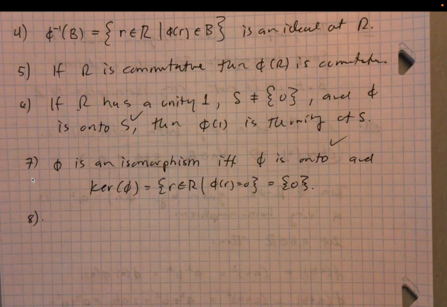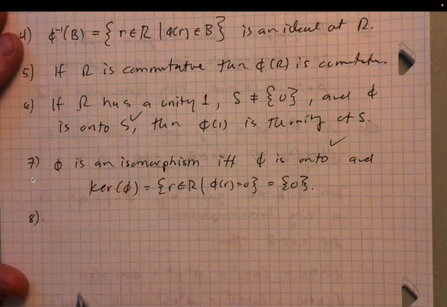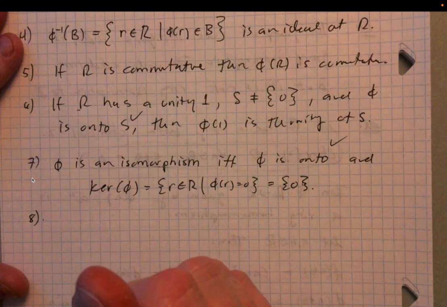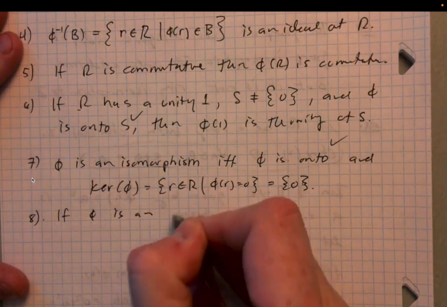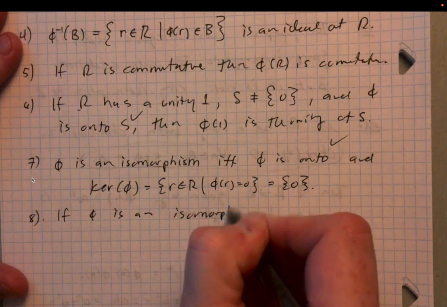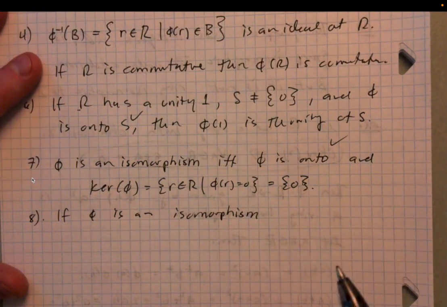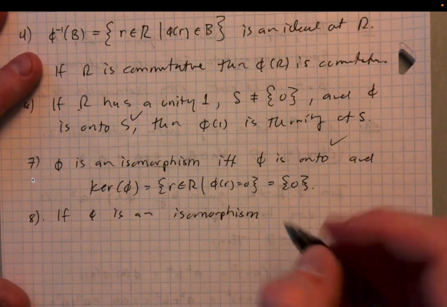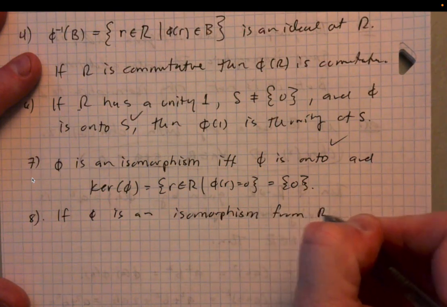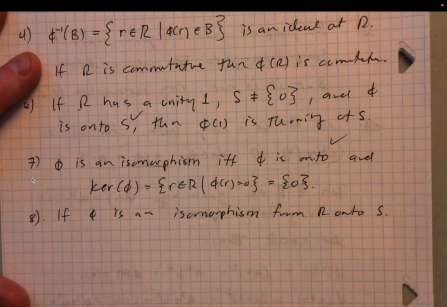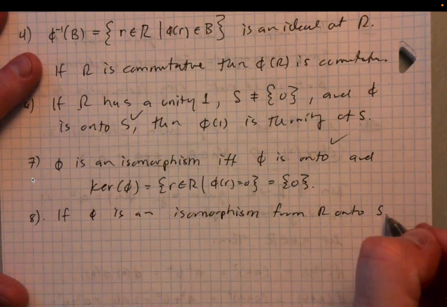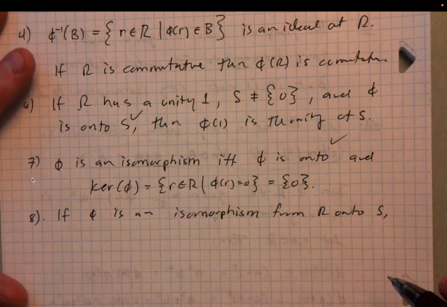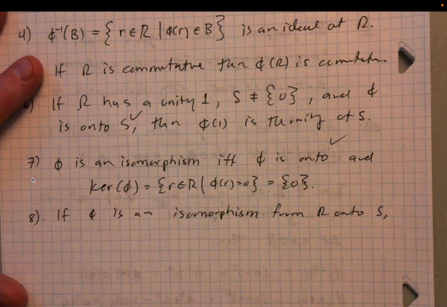And then the last property that we'll mention here is this one. It says that if phi is an isomorphism from R onto S, then it's 1-to-1 and onto.